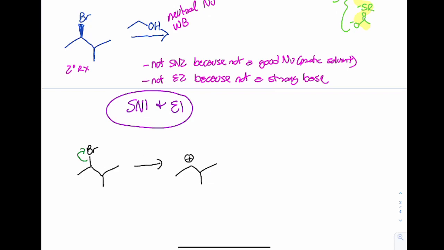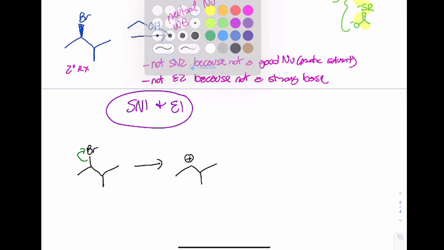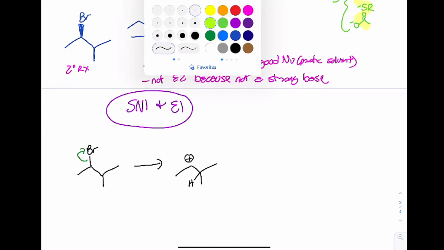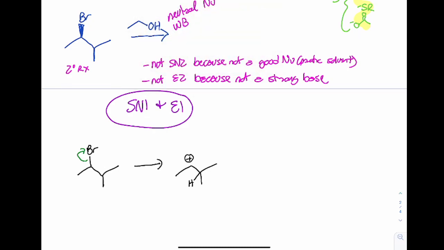And then just be careful. It's not the positive charge that's actually moving. It's the hydride that's moving. And then when you do the formal charge calculation, you end up with the positive charge on the other carbon. Right now, I have one hydrogen on this carbon, so when I do my formal charge calculation, it has a positive charge. What I'm going to do is move another hydrogen over to that carbon, and that's going to leave the carbon this hydrogen is currently attached to, this one right here, only having 3 bonds.